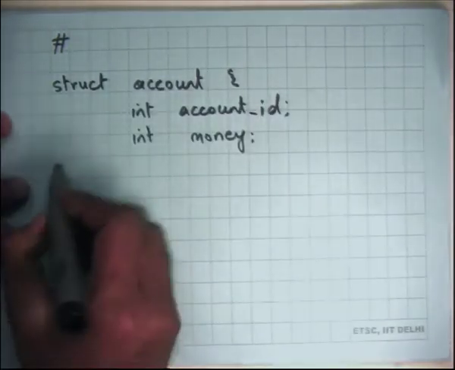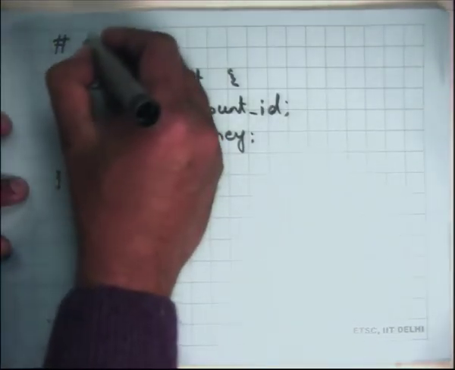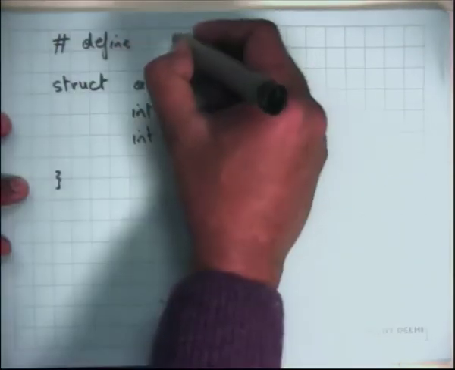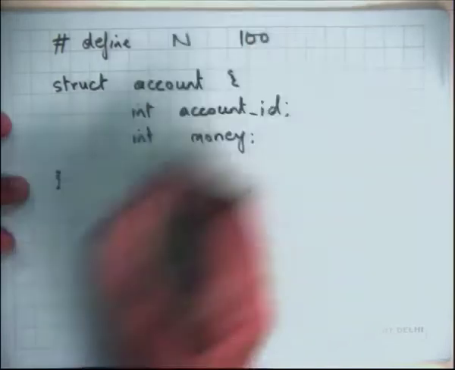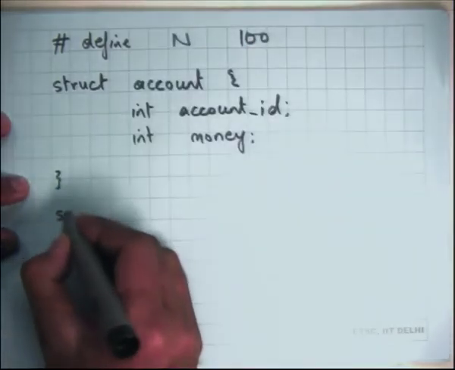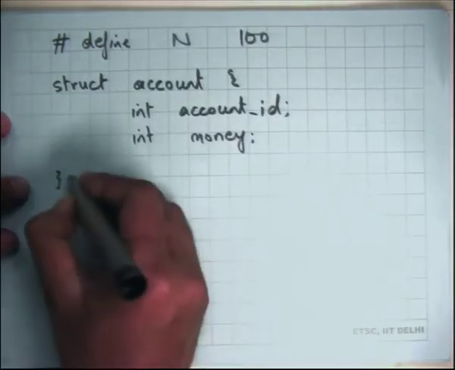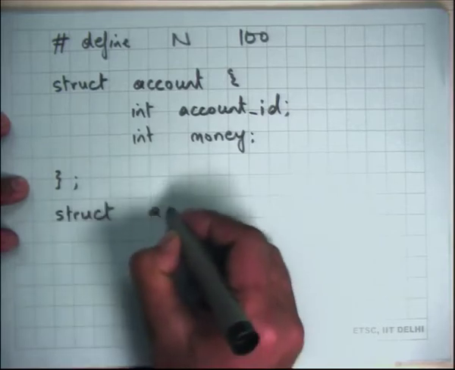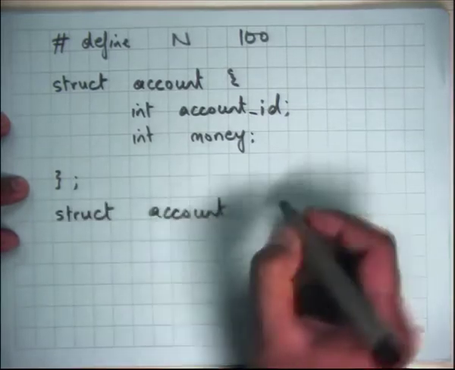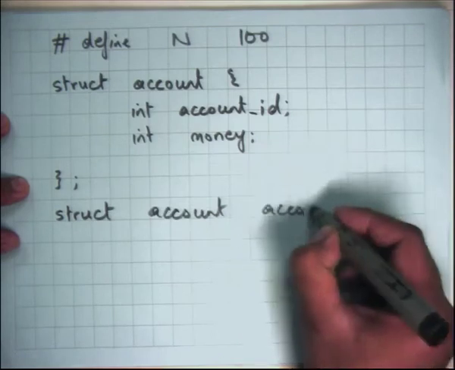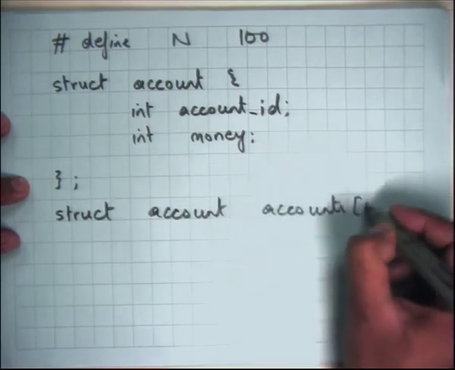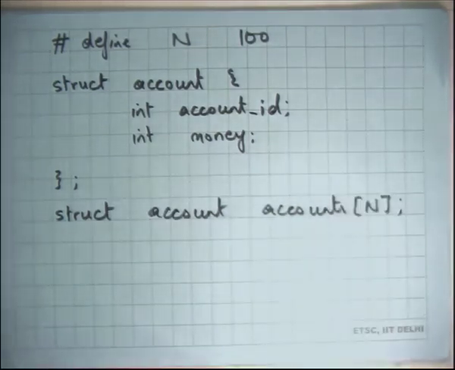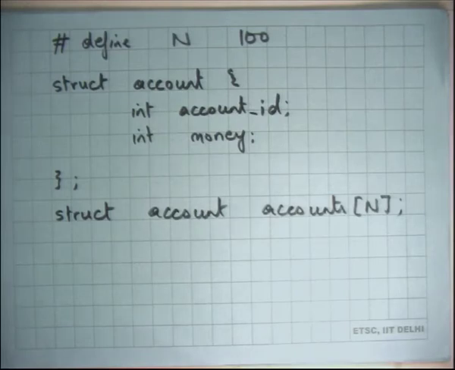Let's say I define some number, say 100, and these accounts are declared as this global array. So these are accounts that I am holding, and each account has some money.